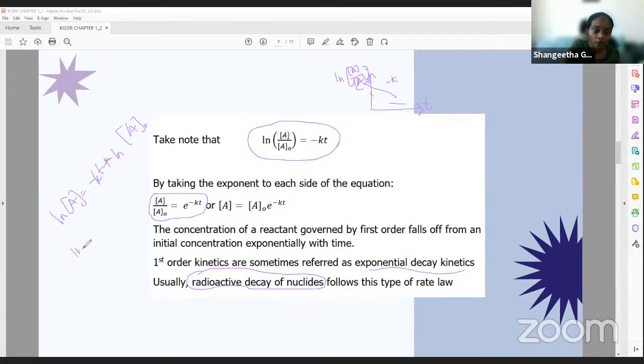If you plot ln A versus time, you will get your slope, which is negative, and you will get the intercept at ln A naught. These are the information that you will be able to achieve when you use your integrated rate law method.